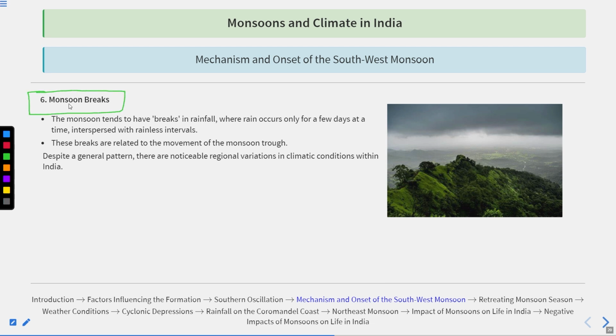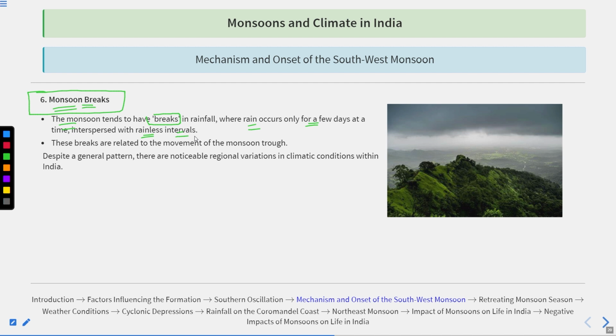Thereafter, the monsoon breaks. The monsoon tends to have breaks in the rainfall, where rain occurs only for a few days at a time, interspersed with rainless intervals. It means that if there is a season of June to September, that doesn't mean the monsoon would be there for a continuous period.